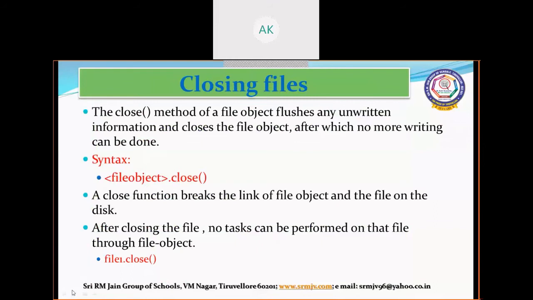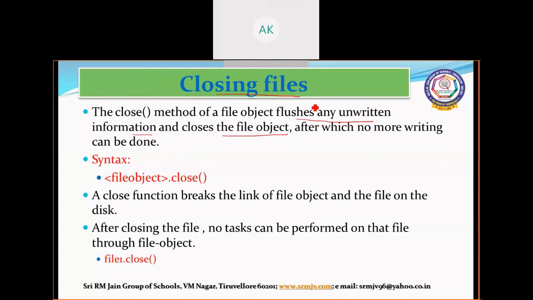Once you have opened a file and done some processing in your file, once the job is over, a close should be given. The close method of a file object flushes any unwritten information and closes the file object.